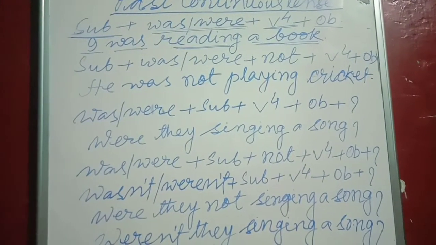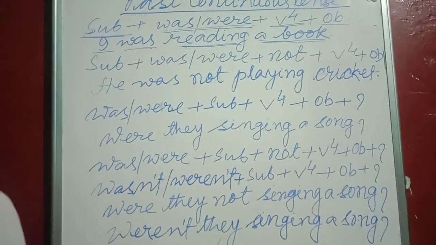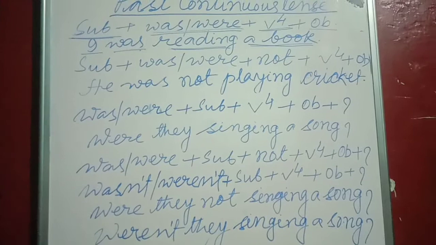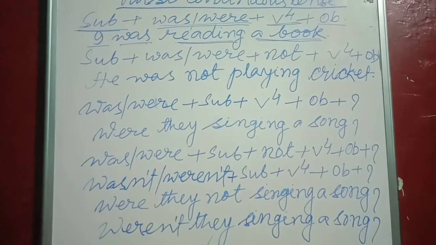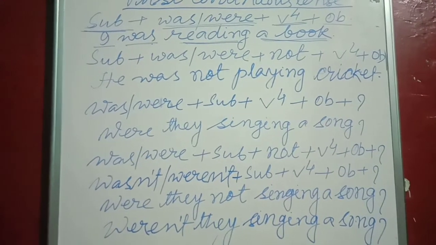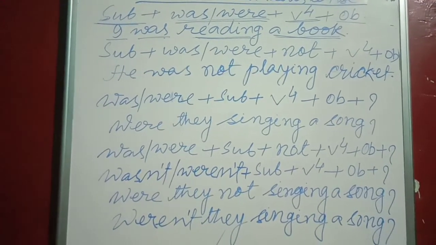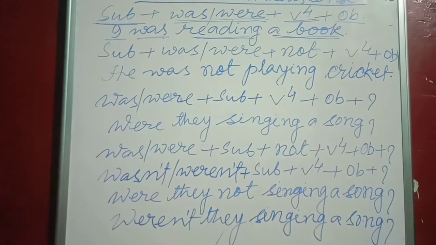In this structure and in this way, you can make several new sentences. For example, you are playing cricket, or she was singing a song, or he was reading a book.